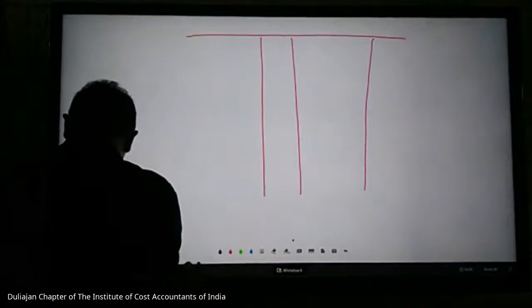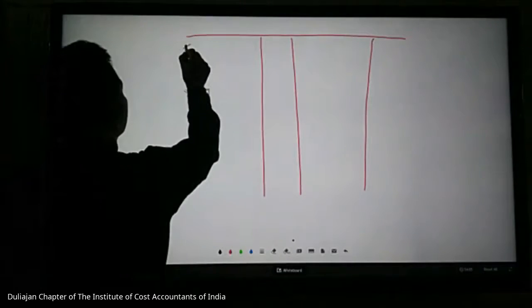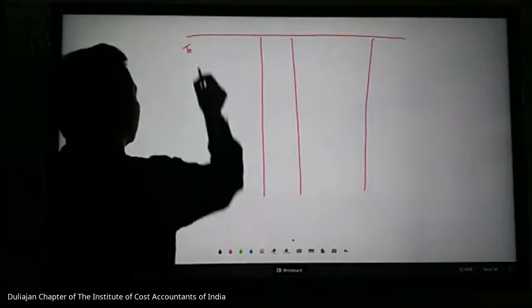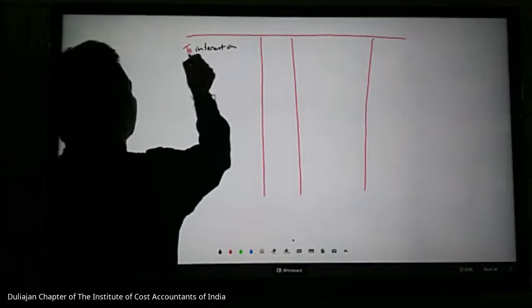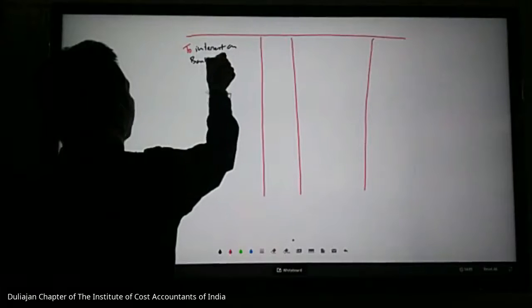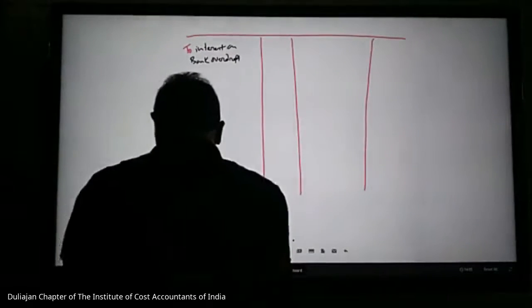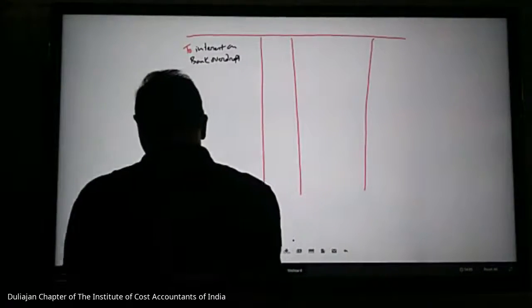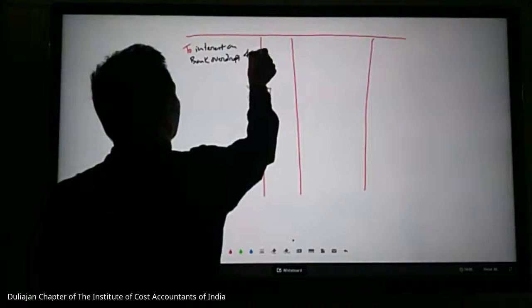To interest on bank overdraft. Interest on bank overdraft is 4,500 in the trial balance.